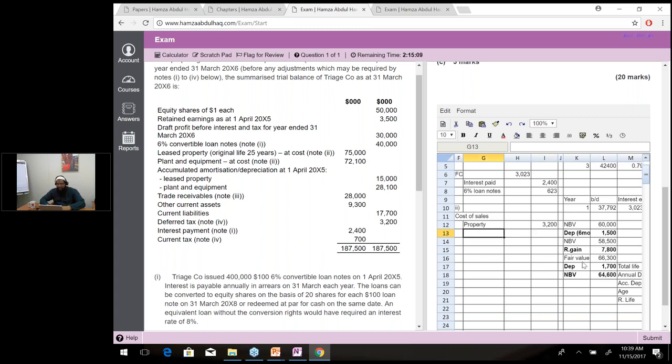Now we know that the plant will also be depreciated. So we can write plant along with this, and then we can calculate the cost of sales as the sum of property and the plant. So this will automatically record the total depreciation altogether, both of the property and the plant.